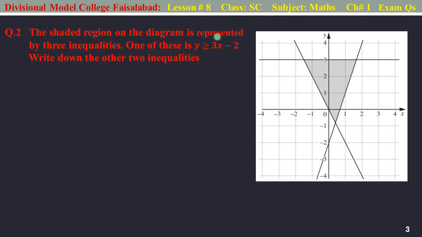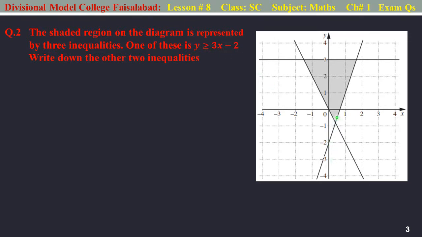So whenever you need to identify the graph of an inequality, write it in gradient intercept form first. This inequality is already in gradient intercept form. So the line which cuts the y-axis at -2 is the graph of this inequality because its y-intercept is -2.